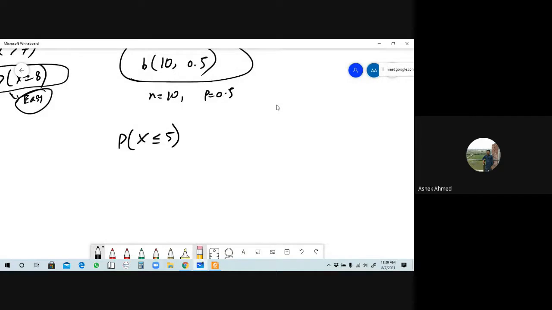From here we can say that the value of small x is 5. But in your textbook there is a table, but we do not provide this table in your question, so you have to calculate, you have to find these values by using a calculator.